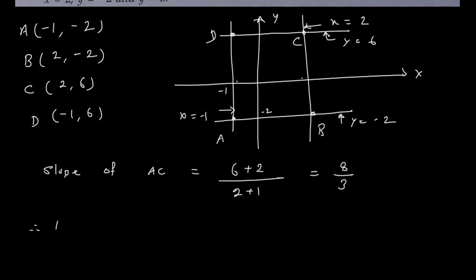Therefore the equation of AC is y minus y1 equals m into x minus x1. The value of m is 8 divided by 3, so y plus 2 equals 8 divided by 3 into x plus 1.